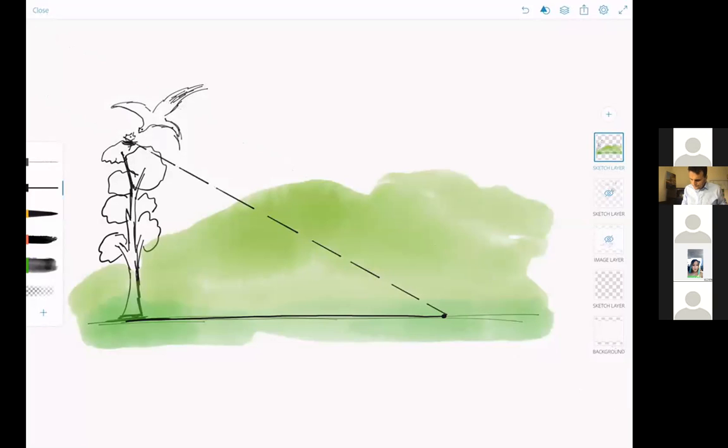This is 30 degrees. This angle here, this angle is 94 degrees.